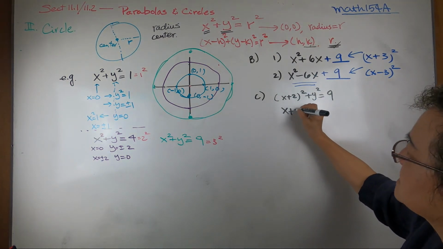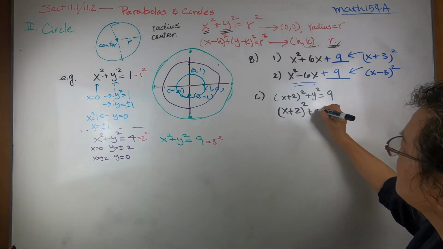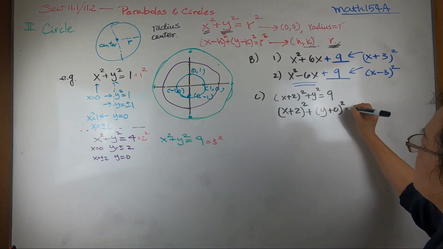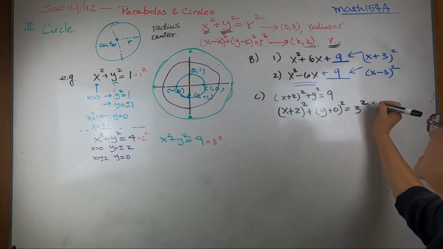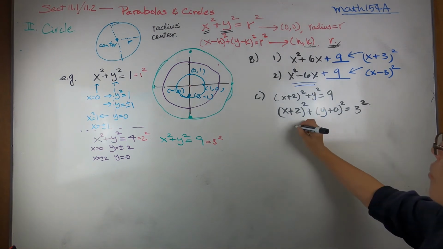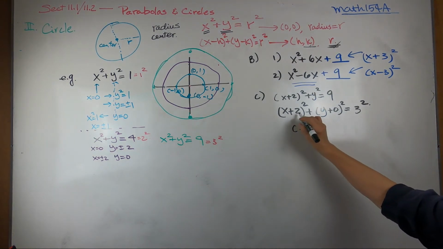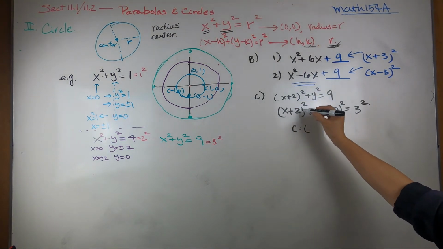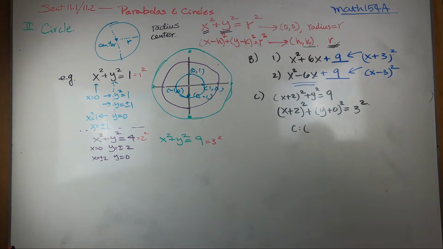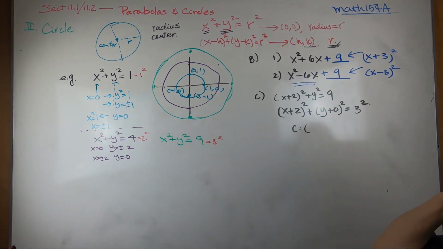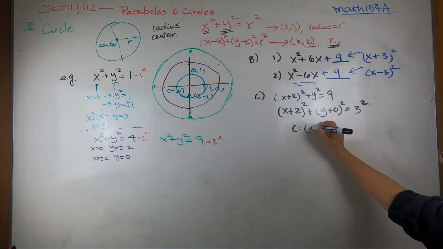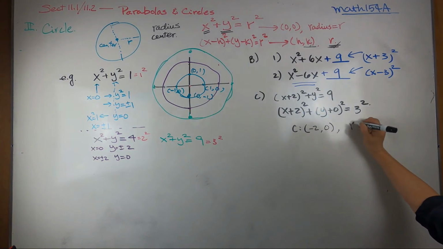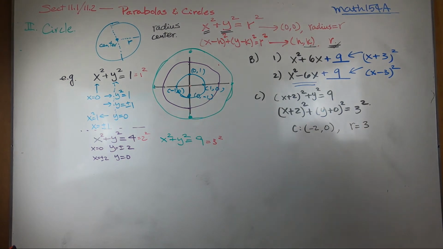It means x plus 2 squared plus y plus 0, or minus 0, squared equals 3 squared, right? So what is your center? Opposite, because it's within the parentheses, it moves with x in the opposite direction to neutralize, becomes 0, right? So it's negative 2, y is 0. That will be your center. What's your radius? That would be 3.